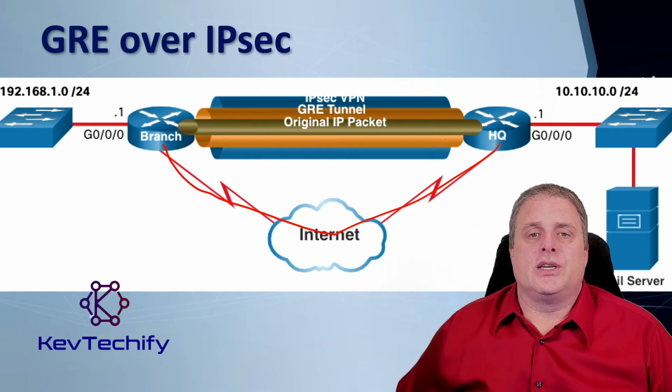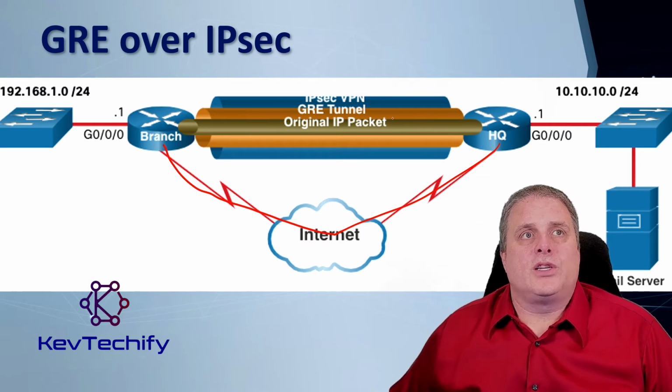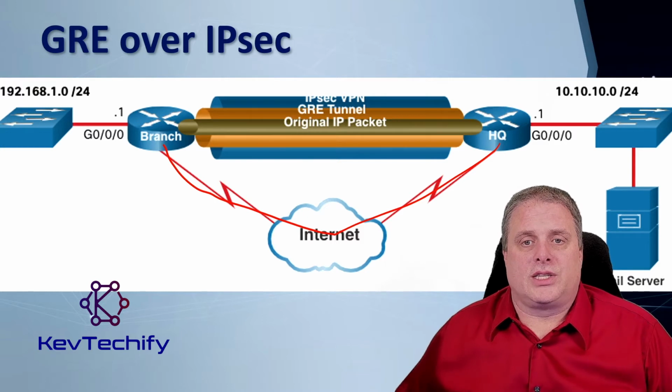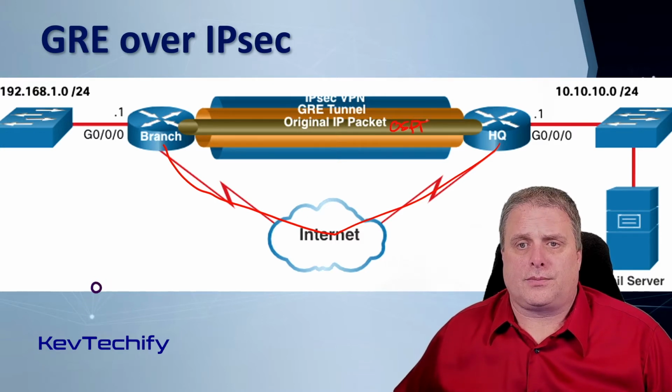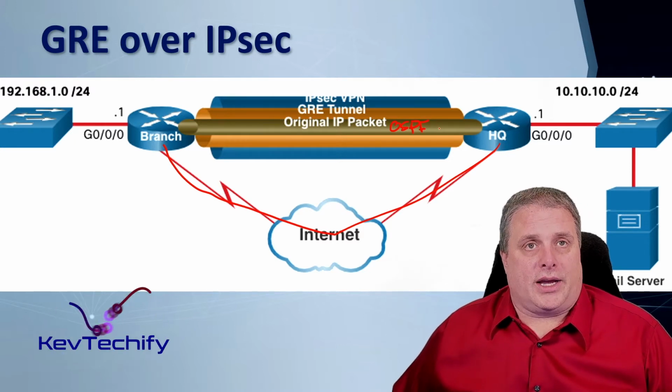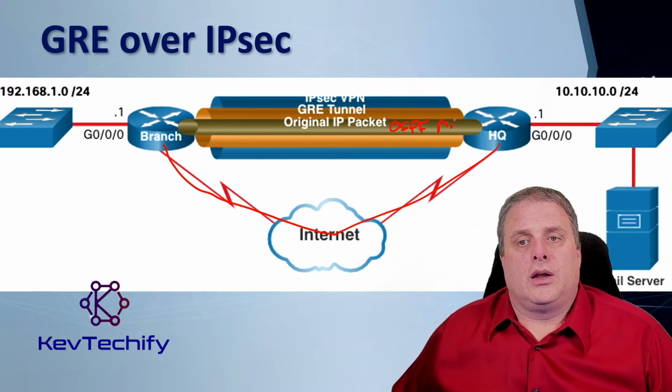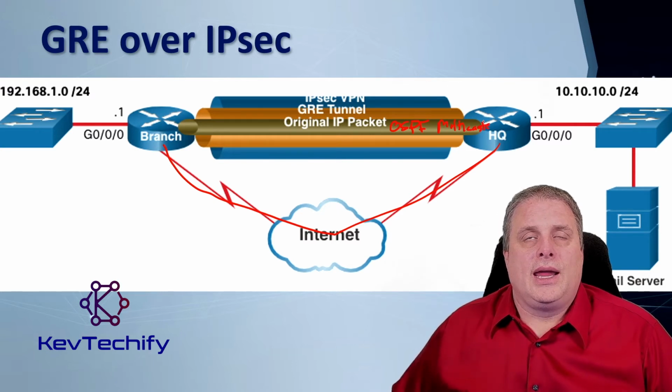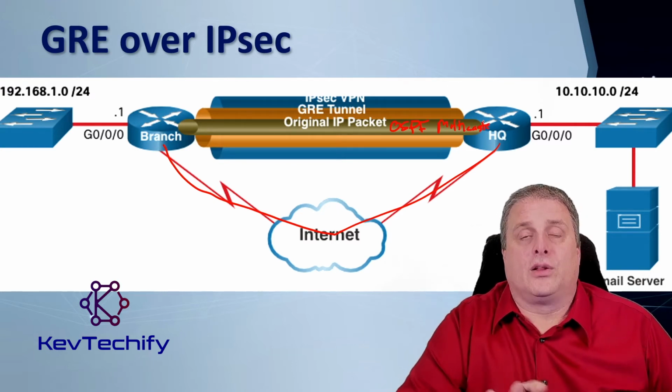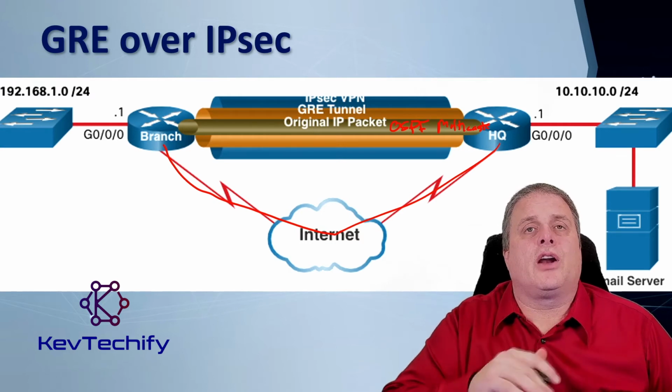And how this works is when we have to send an OSPF update across the network, this is the original packet, so this is OSPF here. This is a multicast. And this multicast is not supported with IPsec alone. And so this is where we need the GRE tunnel.